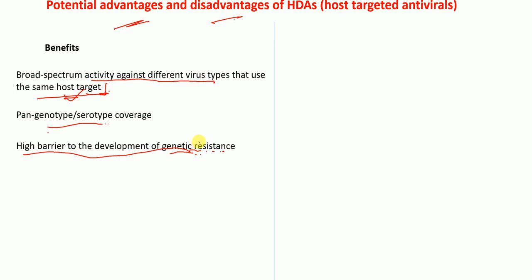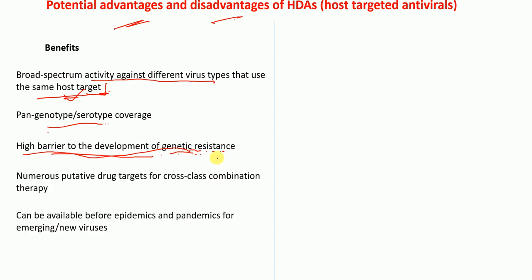The virus will use the same host molecule, and if there is no mutation in the host molecule but only in the virus, then that is not going to affect our antiviral agents so much, therefore providing a high barrier to the development of genetic resistance.